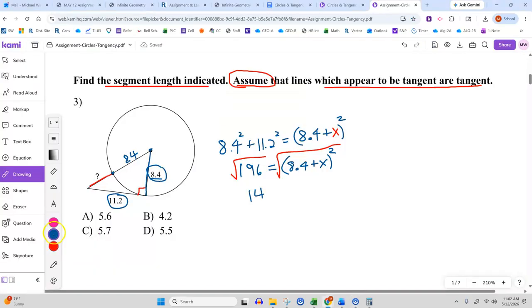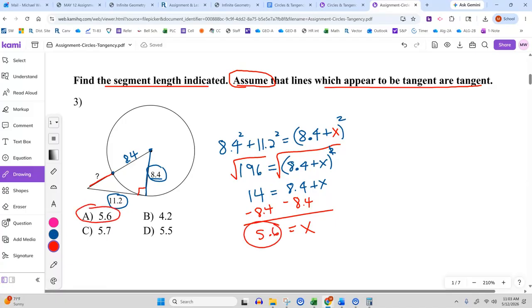So this square root gets rid of the 2, and then we get 8.4 plus x. So all we have to do is minus 8.4 on both sides, and when we do that, we get x is equal to 5.6. Okay, so that's how we do that kind of a question.